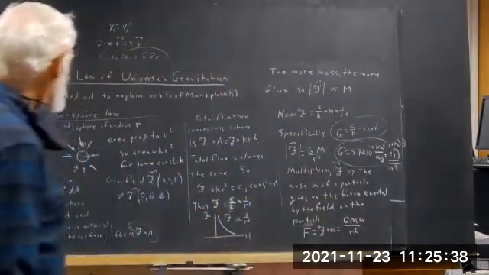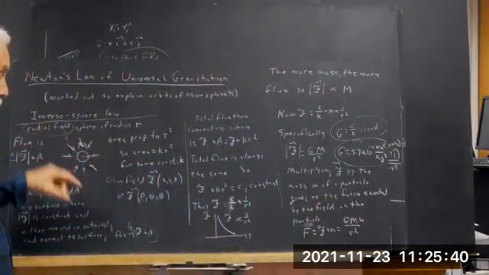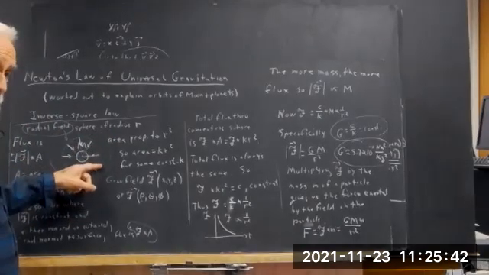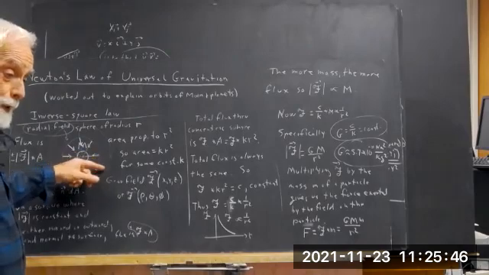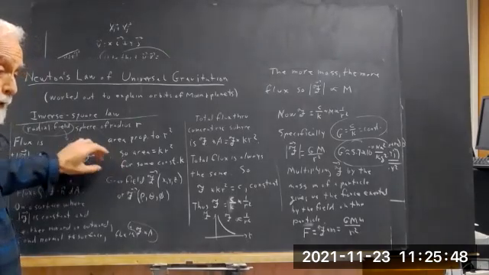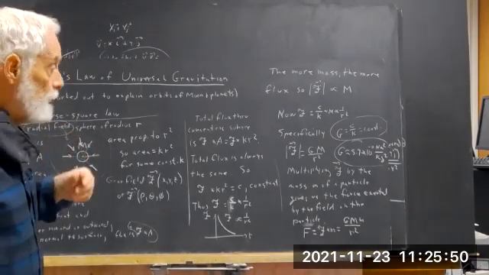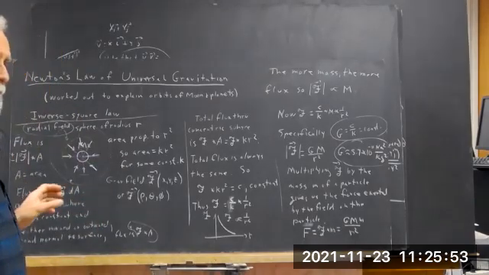So I have an asteroid passing the Earth. At whatever point, the field has a certain strength, and you multiply that field by the mass of the asteroid, and you get the force exerted on the asteroid, which tells you how the asteroid is accelerating.